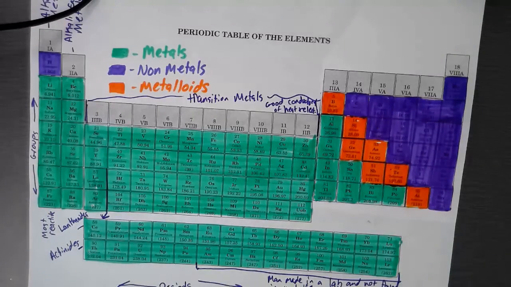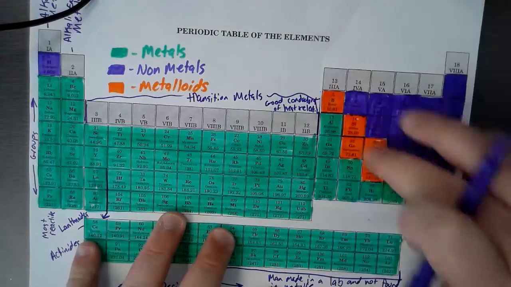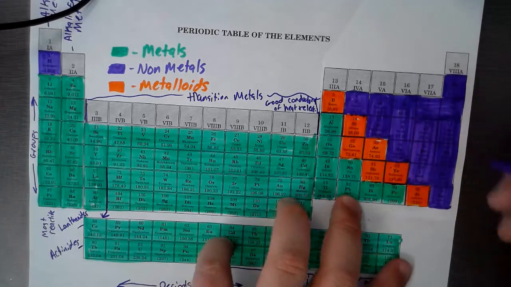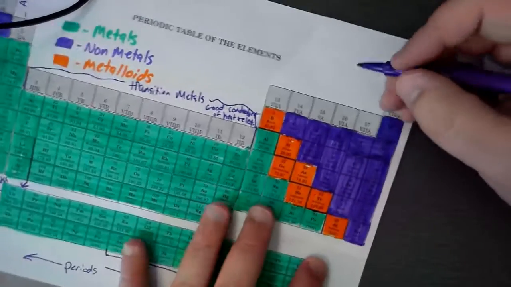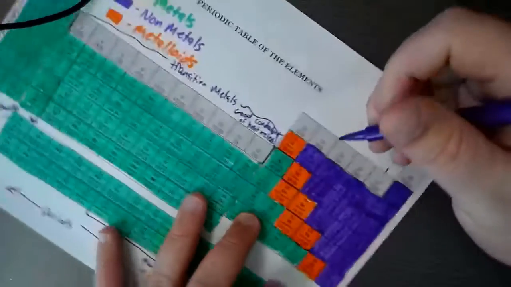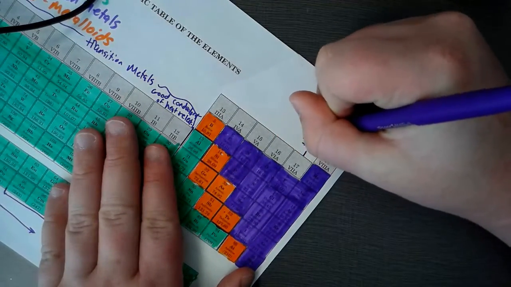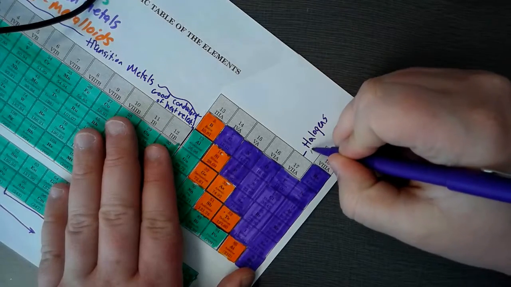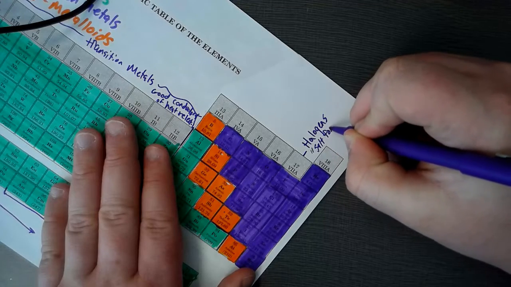So a couple of things left. We've got our nonmetals over here, our metalloids there. First thing is that group 17, not row, excuse me, are called the halogens. These are the ones that are called salt formers.